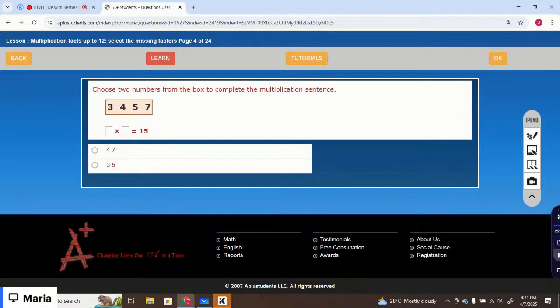That is 3 times 5 is 15, option number 2 is the correct option.